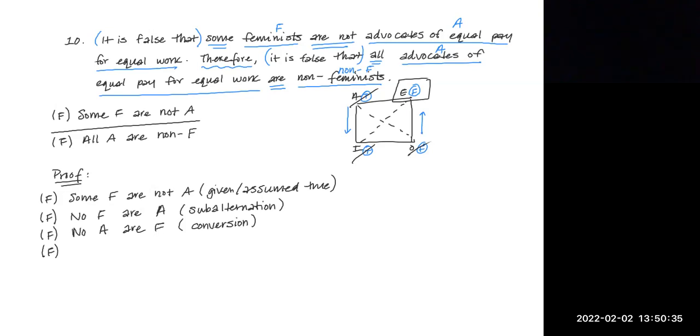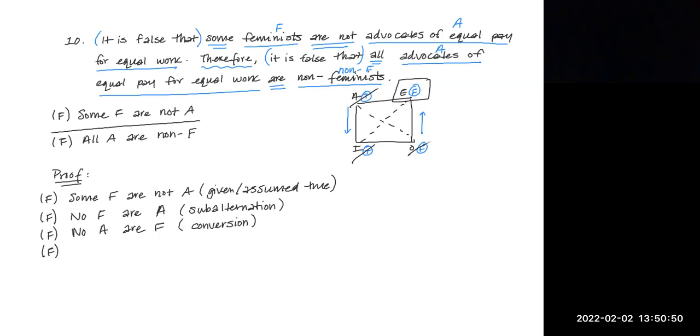But that's not enough. "No A are F" only gets us into position to use obversion, because once that F is here, we know that we can use it to achieve this conclusion in the end.